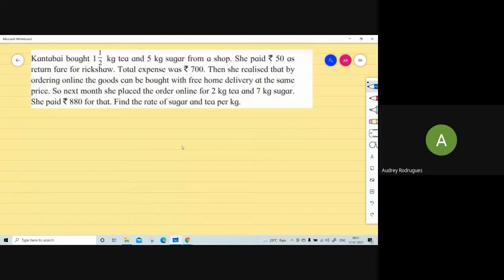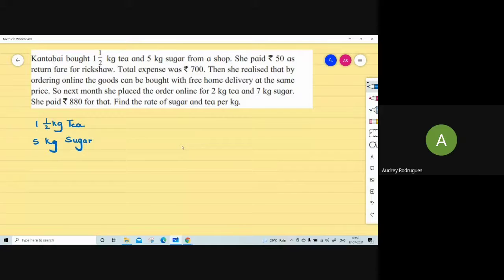Now, Kantabai bought 1.5 kg tea. Okay, so she has bought 1.5 kg of tea, 5 kg sugar.